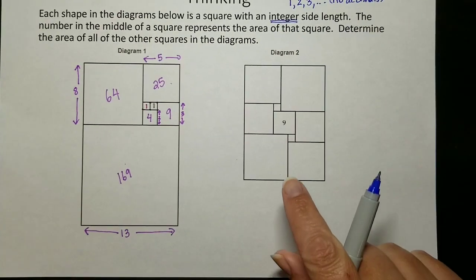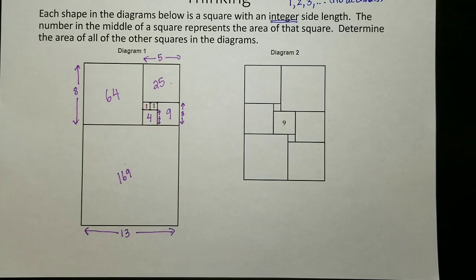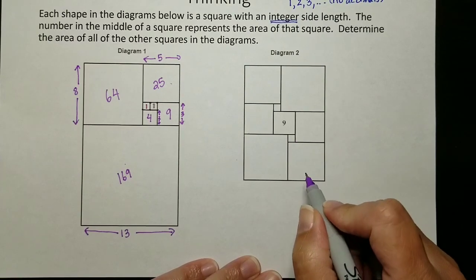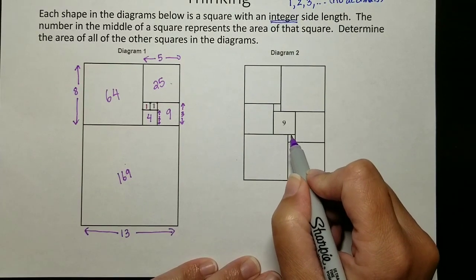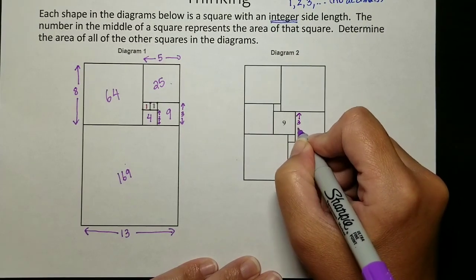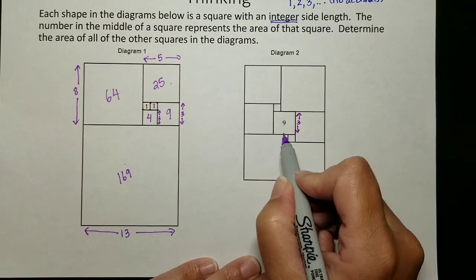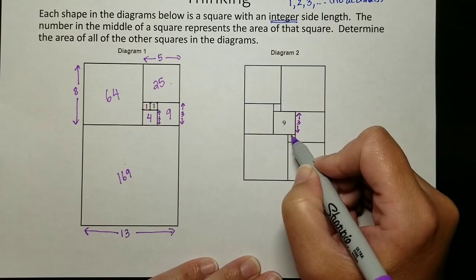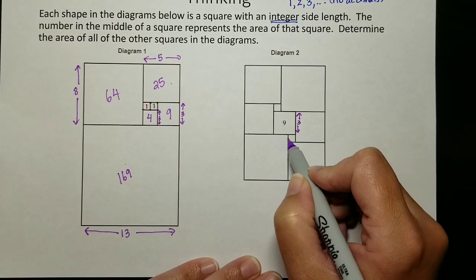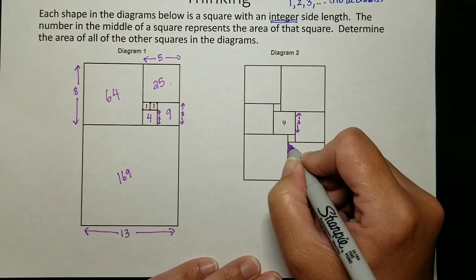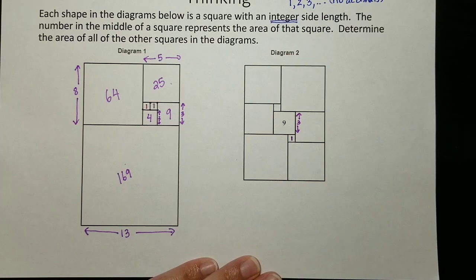So if we look at this one that has a side length of 9, looking at the adjacent little tiny squares, I think that this side length here would be 3, right? That would be 3 and 3 to get to the 9. So if that's 3 and that's 3, this little one must be 1. It can't be 2 because it's smaller than half, and it can't be a decimal. So if this is 1 and 1, 1 times 1 is 1. And same reasoning with that one up there.